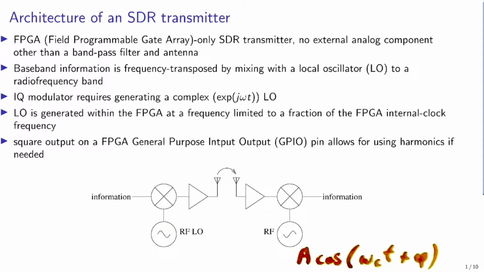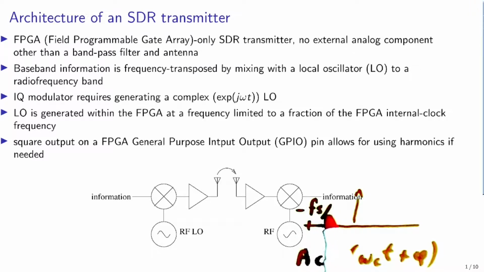Now, if we were to work only with real quantities, we would have an even spectrum and we would be wasting half of our bandwidth. Indeed, the radio frequency spectrum of a discrete signal goes from minus half the sampling rate to plus half the sampling rate, the Nyquist frequency, and the modulus of a real valued quantity is an even spectrum.